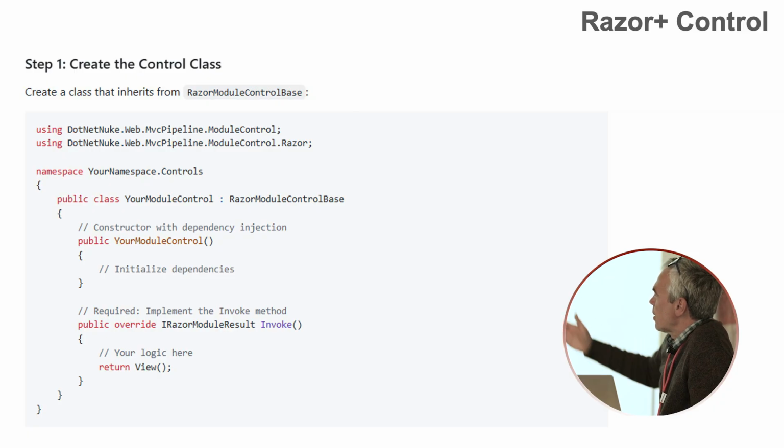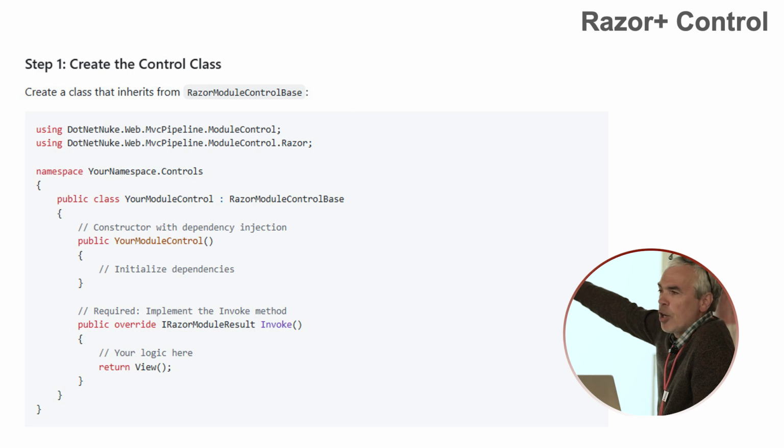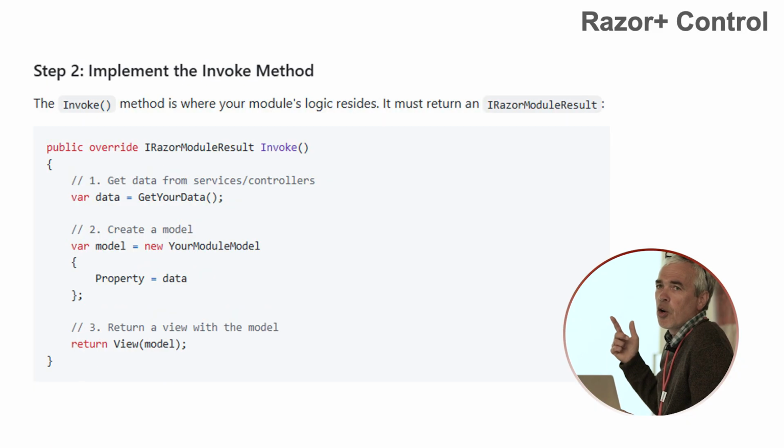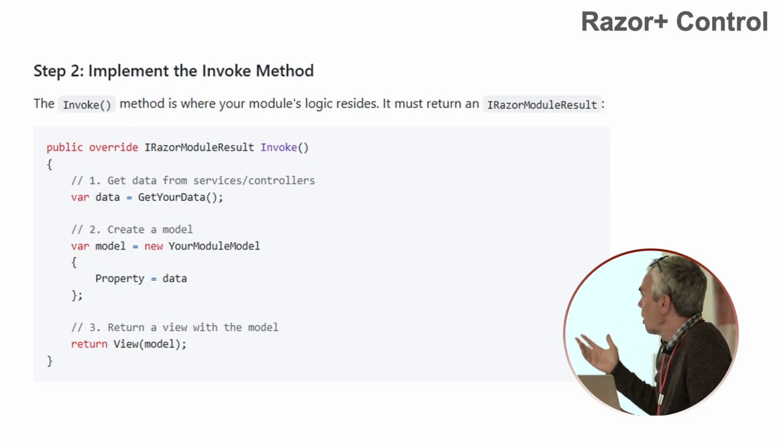What do you do to implement that kind of module control? You just have to inherit from a base class, RazorModuleControlBase. Then you can create a constructor, and this constructor can use dependency injection, so you can inject your services for data access or anything you need.